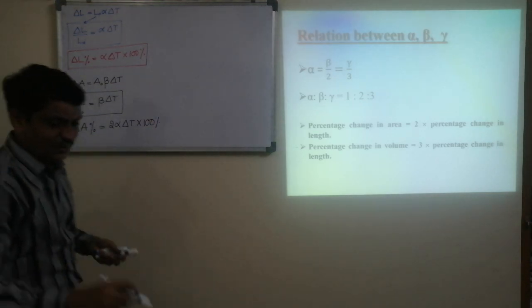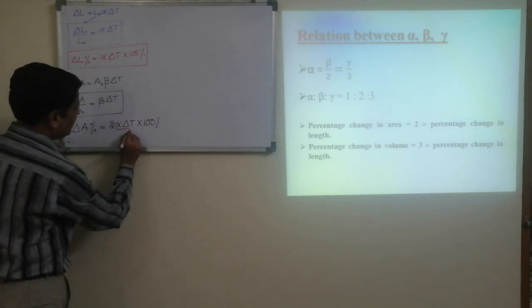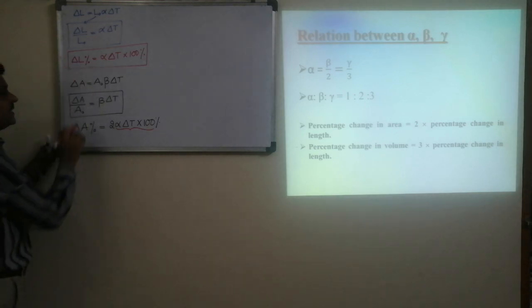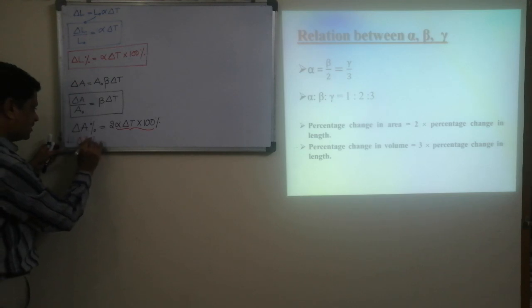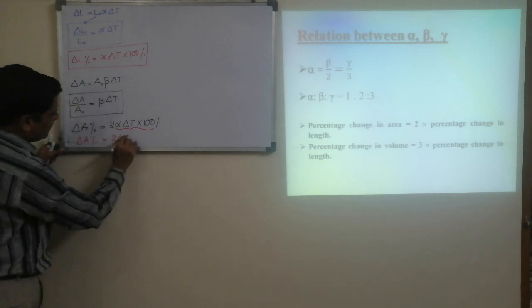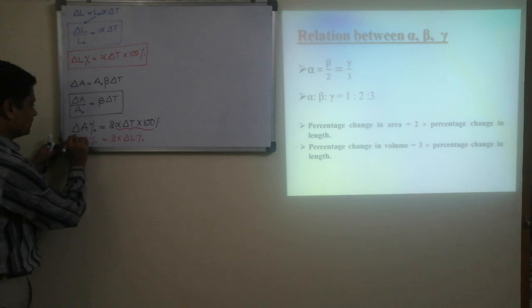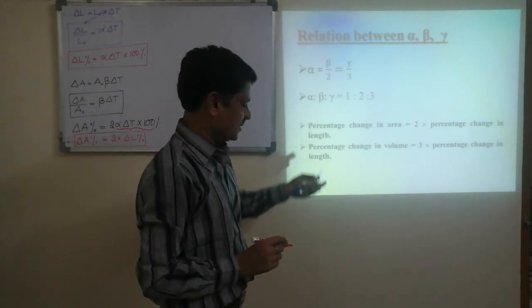Now this alpha delta T into 100 is nothing but percentage change in length. Therefore, percentage change in area is equal to 2 into percentage change in length of the body. So this is our next point.